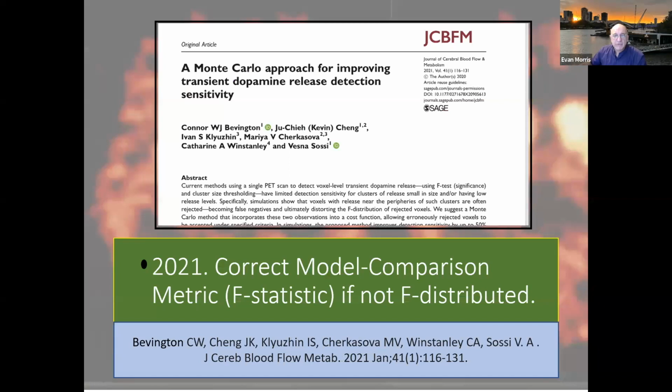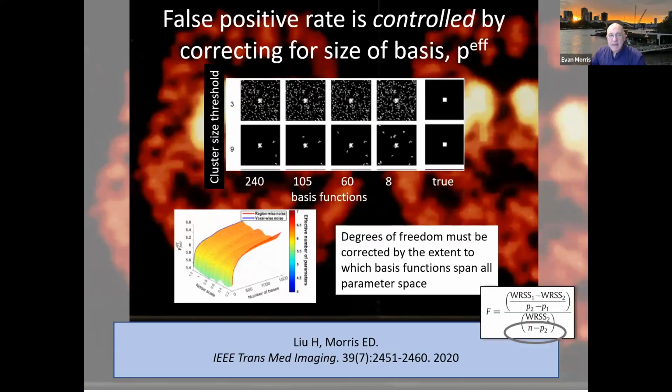So we realized that we had to make a correction, and that correction was to the F statistic, or to the degrees of freedom, and we called this effective number of parameters, because the basis functions that we allowed the model to select from don't span all of parameter space.